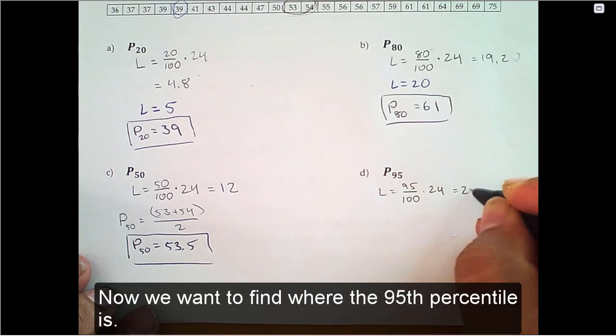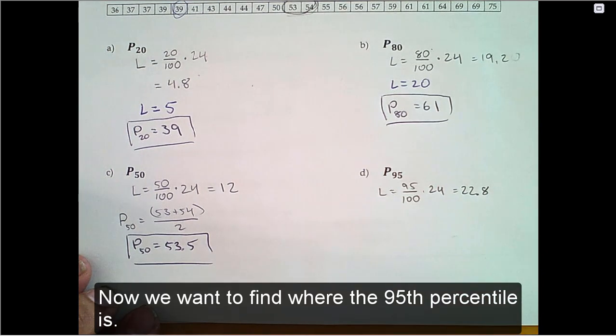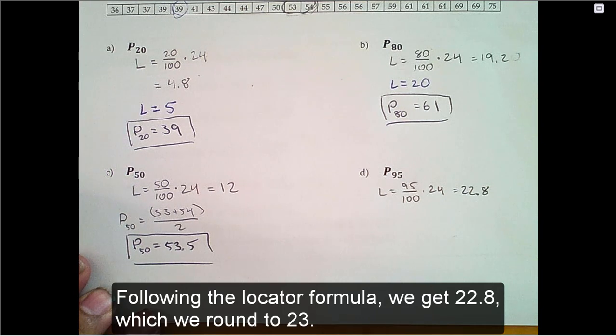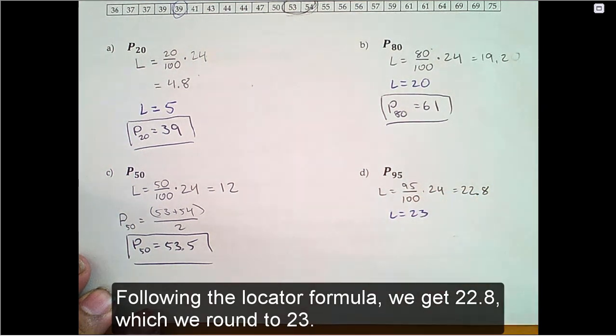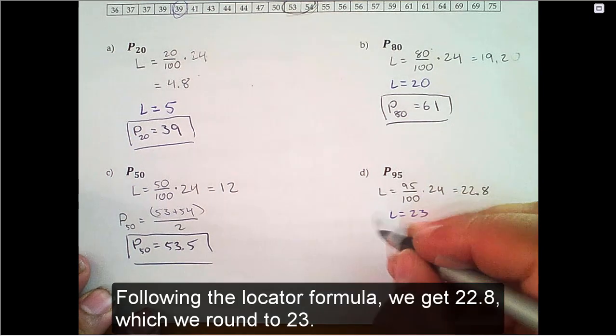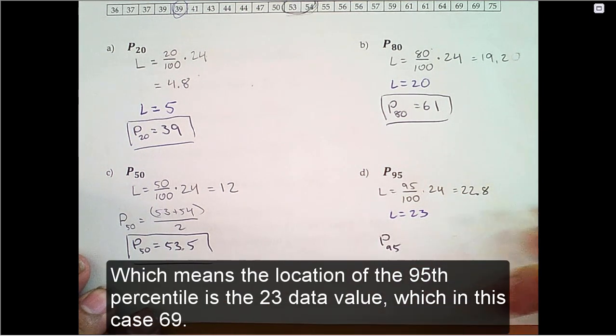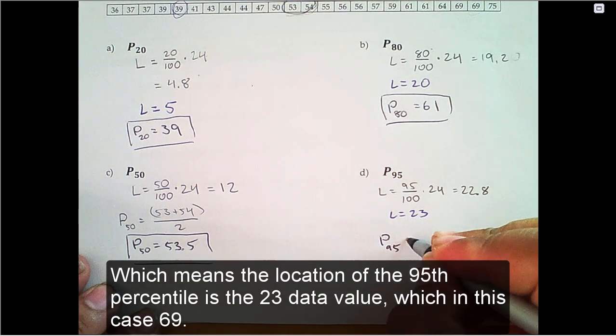Now we want to find where the 95th percentile is. Following the locator formula, we get 22.8, which we round to 23. Which means the location of the 95th percentile is the 23rd data value, which in this case, 69.